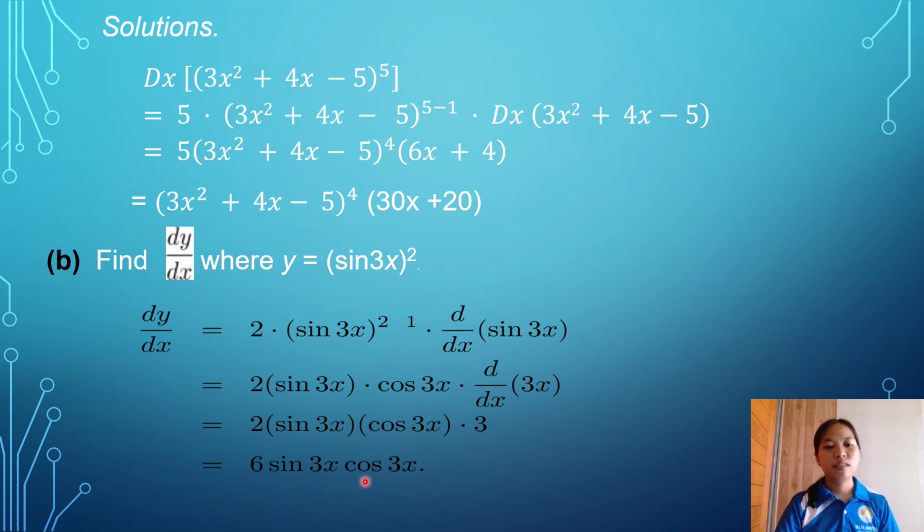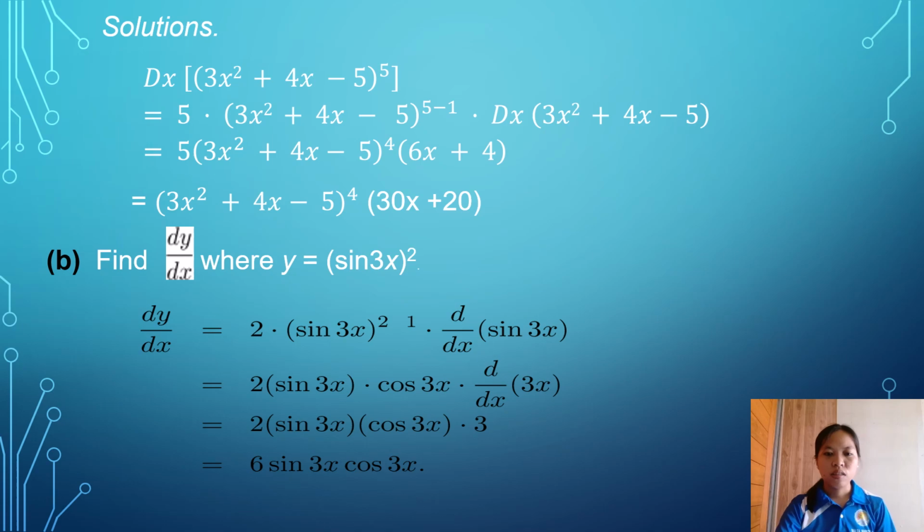Next, we have the second example. Find the derivative when y is equal to the quantity sine 3x squared. The derivative is equal to 2 times, bring down 2, the exponent, multiplied by sine 3x to the power of 2 minus 1, times d over dx of the quantity sine 3x.